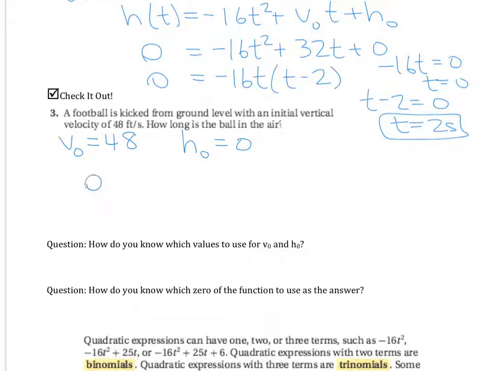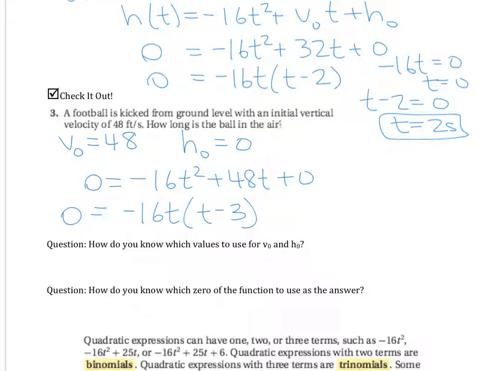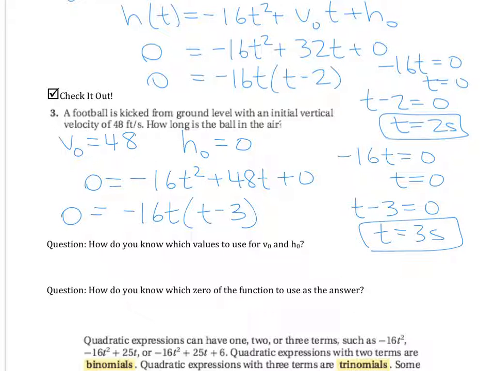So I'm going to just go ahead and substitute into the function, factor, set each factor equal to 0. This is my initial time, and this is how long it would be in the air.